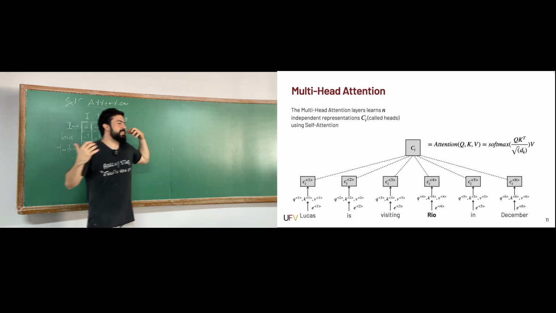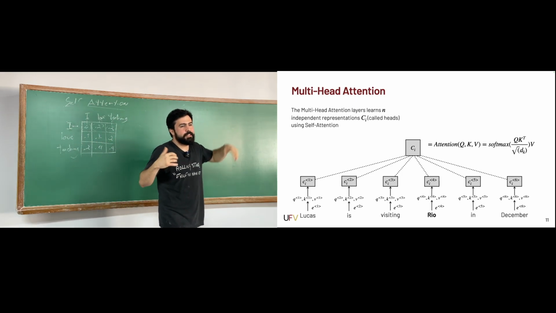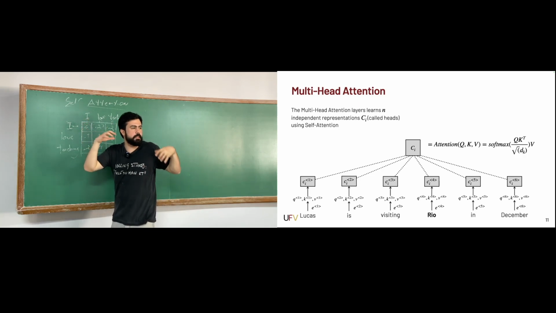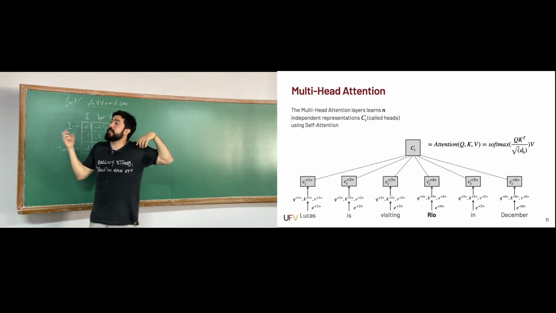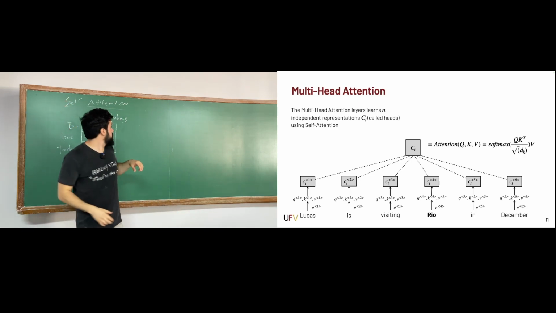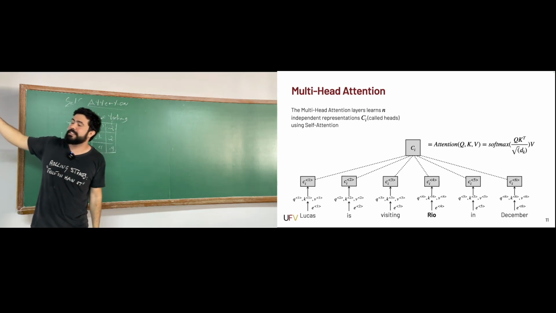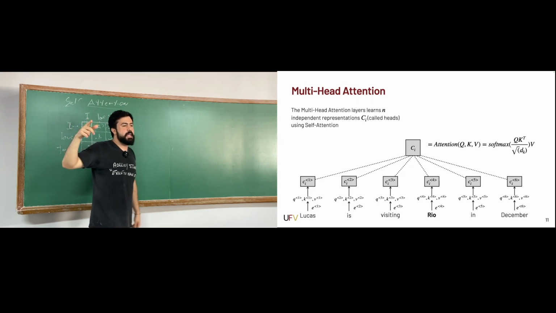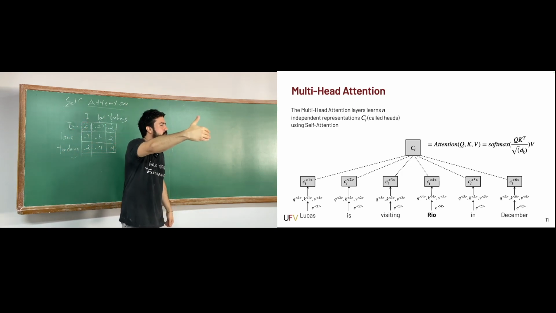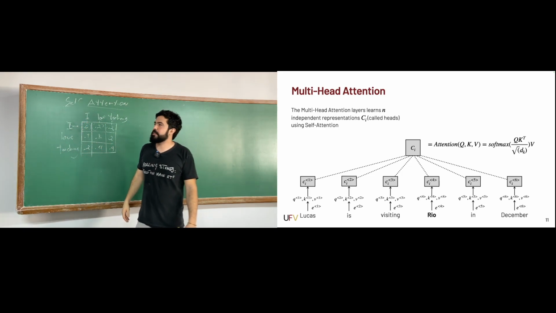So head here is similar to a filter. A head is a C. A head here is one of these C matrices. I'm calling it Ci now because I'm going to have multiple of these C representations.